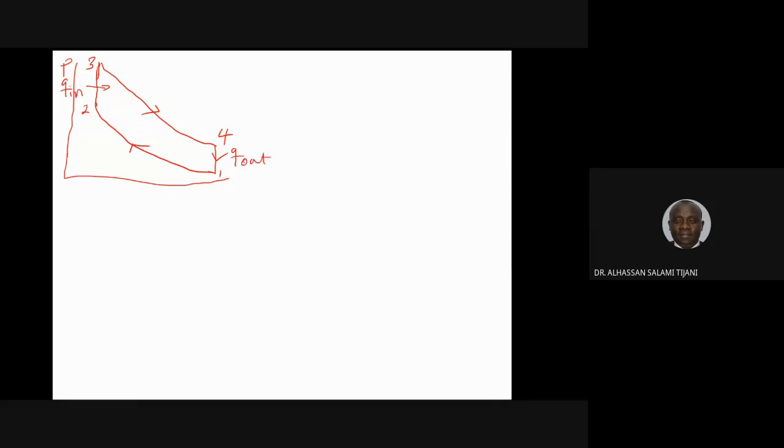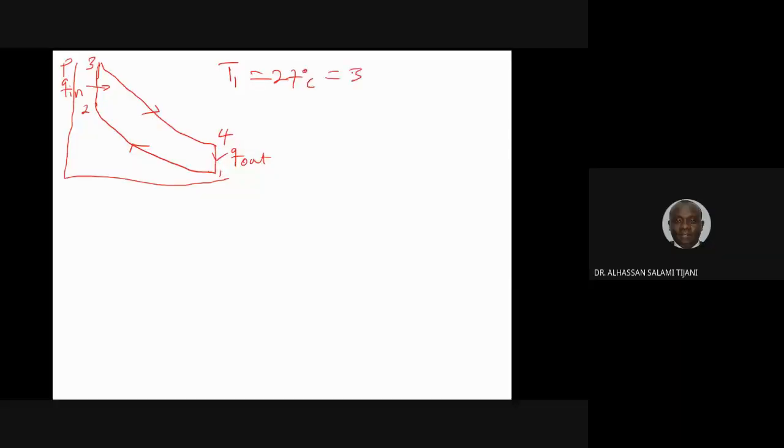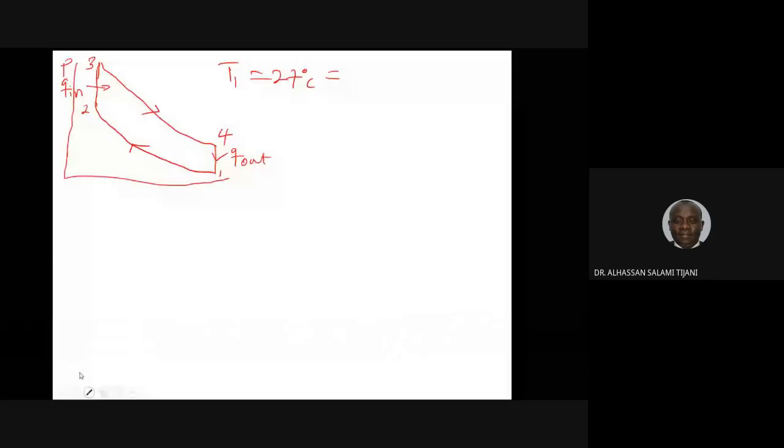Other parameters given in the question: the temperature at the beginning of the cycle, T1, equals 27 degrees Celsius. Remember to convert into Kelvin. So this gives us 300 Kelvin.